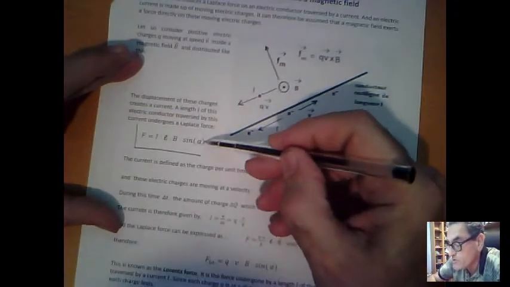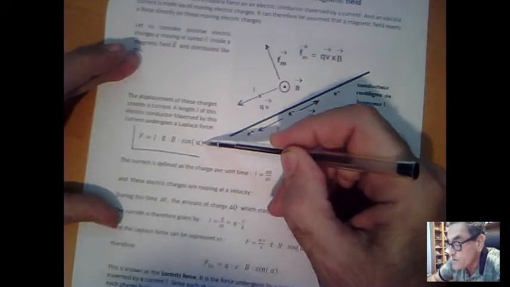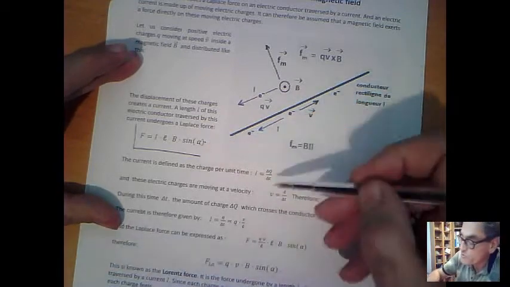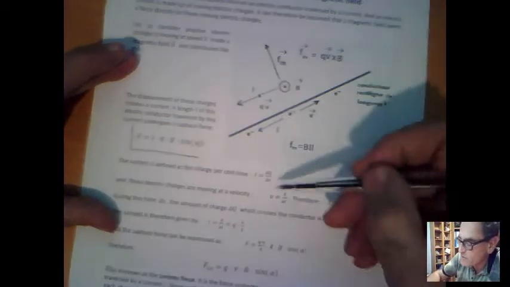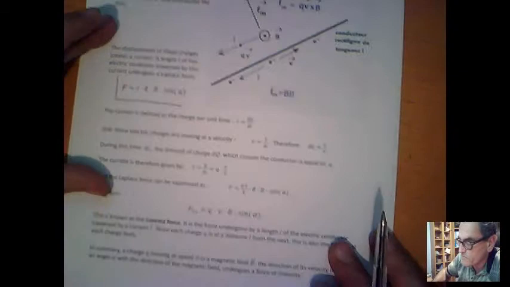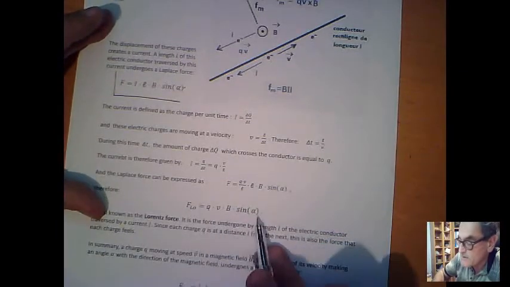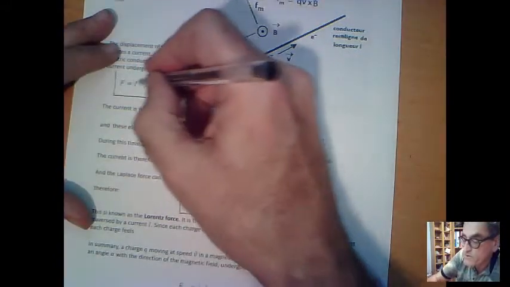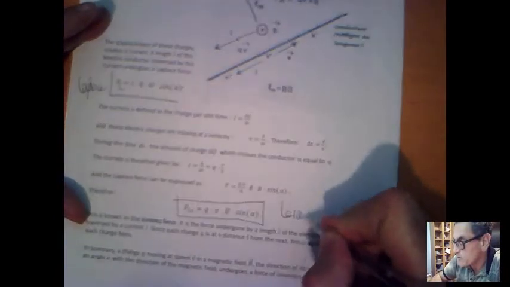And now we would like to transform this law into a law which expresses the force acting on a moving charge. Okay, so the reasoning is here. I will not go through all that. You can read it if you want. This force, which we call the Lorentz force, this was the Laplace force, okay? This is Laplace and this is Lorentz.